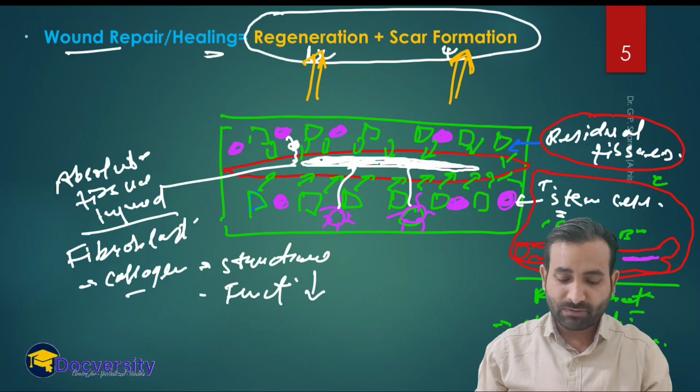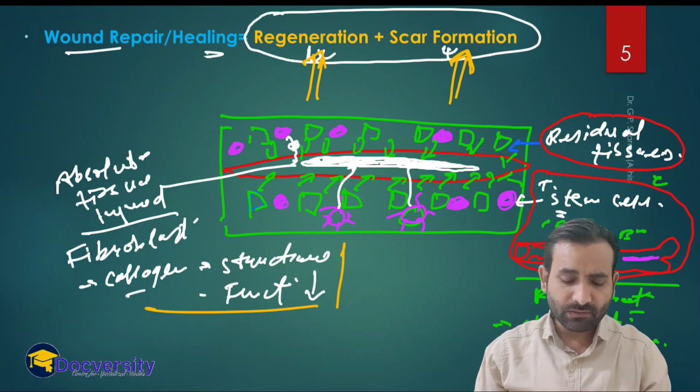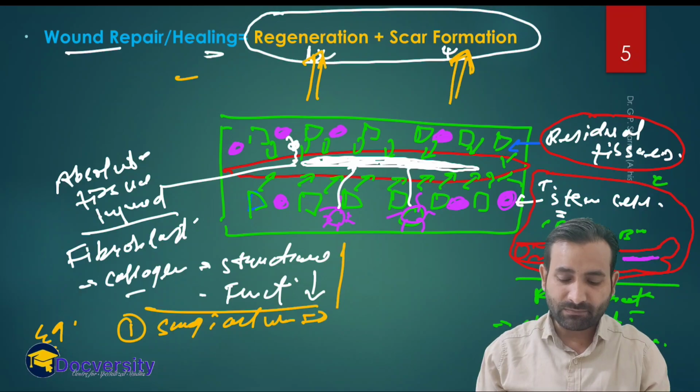And one more point I want you to understand over here. In all kinds of wounds, both the steps go on, but for example, if it is a surgical wound, this surgical wound has more regeneration, less scar formation, so the function will be intact.